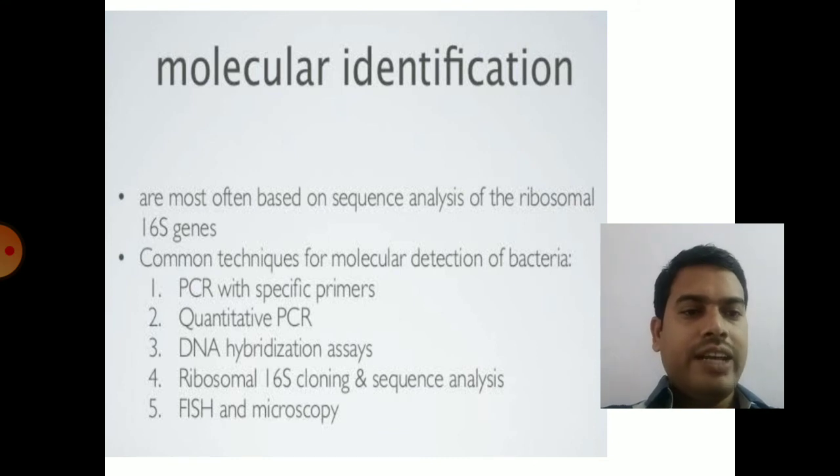And by using the FISH technique, fluorescent in situ hybridization, you can use fluorescent probes for identification of special genes for a particular species of bacteria. Then you can use microscopy for identification of that bacteria using the FISH technique. So that is how you will identify your bacterial species after isolation, by performing gram staining, biochemical tests, and molecular identification methods.